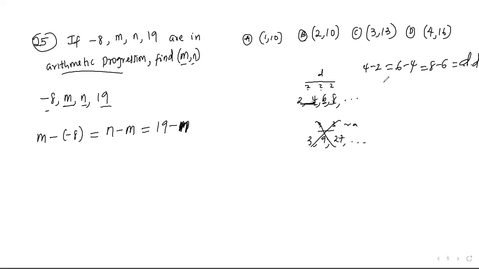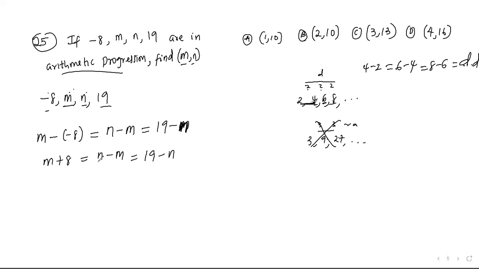So their differences should give you what the other differences give you. That's what I did here. So we have 19 minus n here. If you simplify this, m plus 8 is equal to n minus m is equal to 19 minus n.